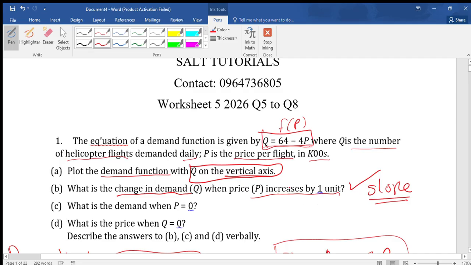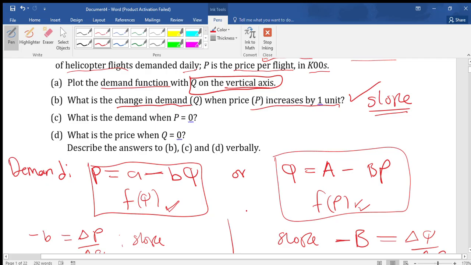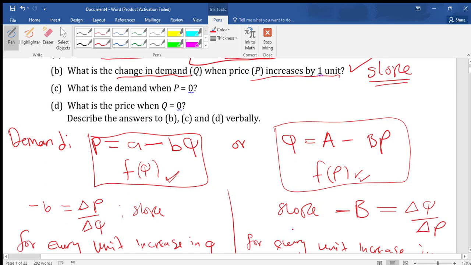And if you can take note, we just mentioned here that if we talk about the slope, when Q is equal to A minus BP, the slope, this negative B, is change in Q over change in P. That's what you said.